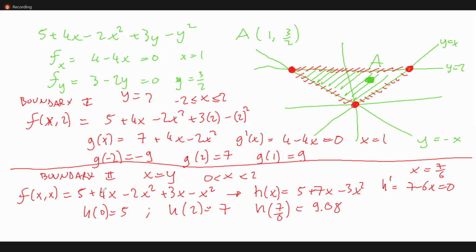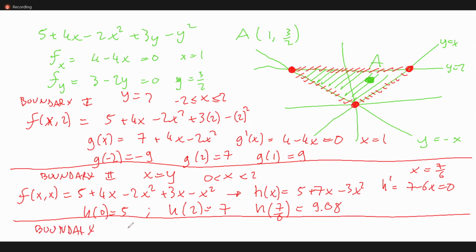Then we look at boundary 3. Boundary 3 is x is equal to -y, with x constrained between -2 and 0. We perform the same substitution.